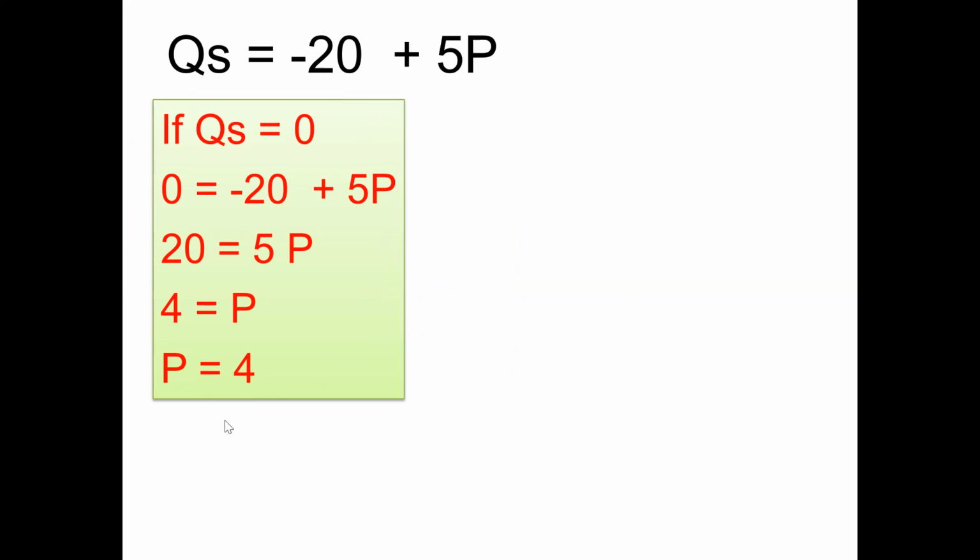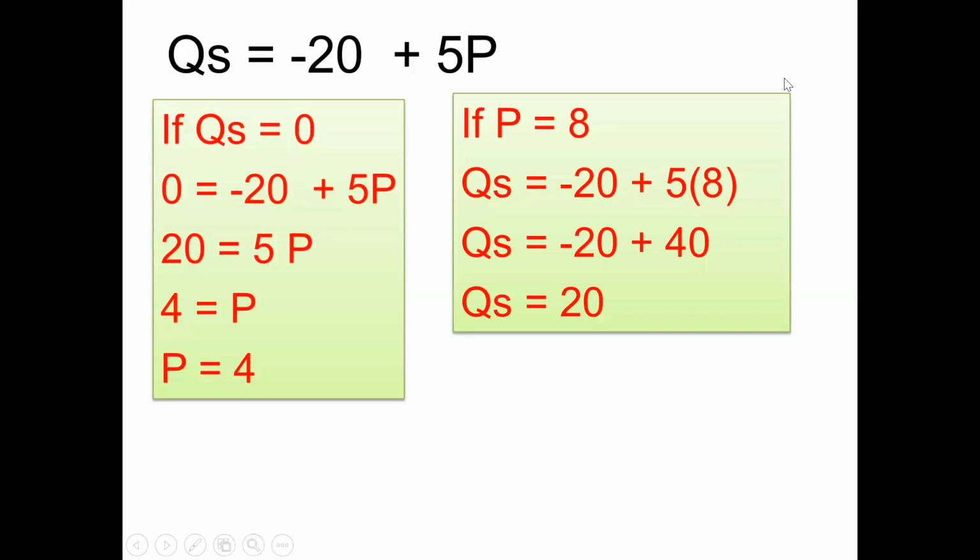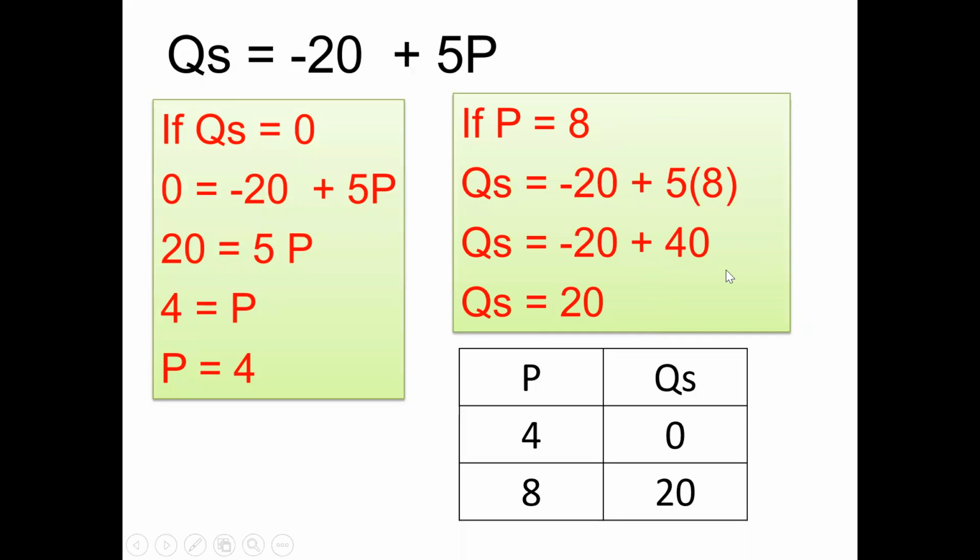Here we have got the price as 4. We'll take the next price as 8. When P is 8, you apply the price 8 to the equation. You get the quantity 20. Then we have two points, and we can draw the graph. When QS is 0, price is 4.